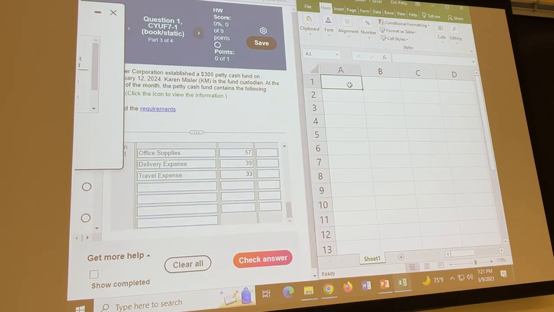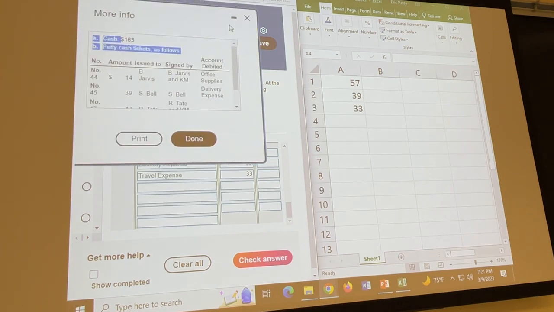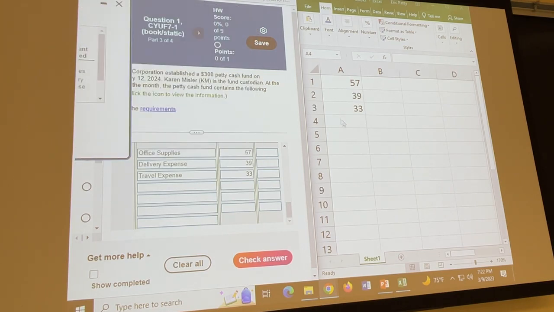So we have 57, 39, 33, and the amount of cash that's left in the box is 163.